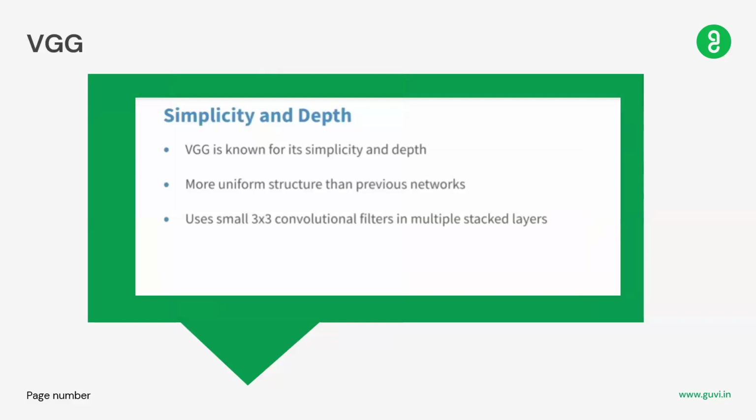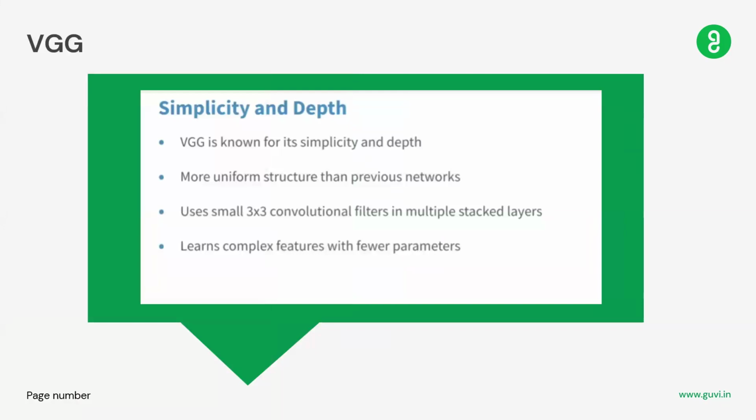This approach allowed the neural network to learn complex features with few parameters, enabling it to scale to deeper architectures. As you can see in this picture, the VGG architecture introduced several fundamental design principles that have impacted today's research in deep learning and computer vision.